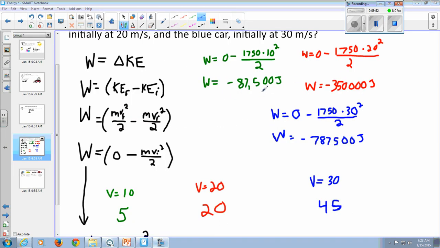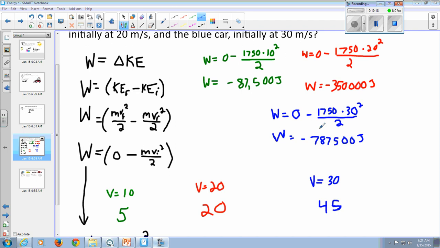And if we look at the work, we can see that the proportionality works with work as well. We're increasing the velocity by a factor of 2. Work is going up by a factor of 4. How do we know that? If you take 87,500, multiply it by 4, you're going to get 350,000 joules.